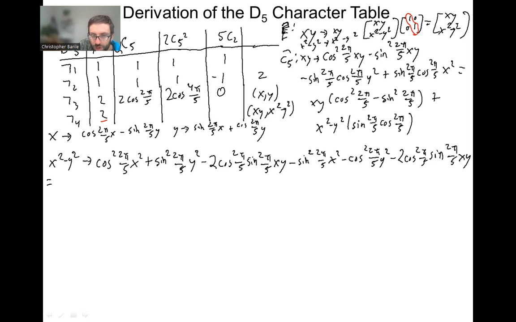These two terms, this term and this term, are the same. So that's going to get us what? Negative 4. Let's do that one first. That one's easier. Negative 4 cosine 2 pi over 5 sine 2 pi over 5 x y.